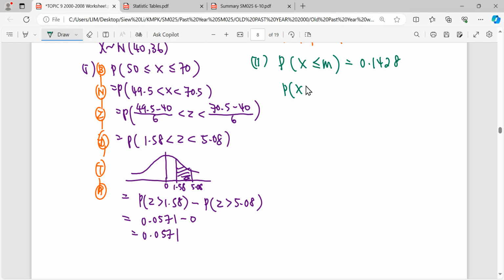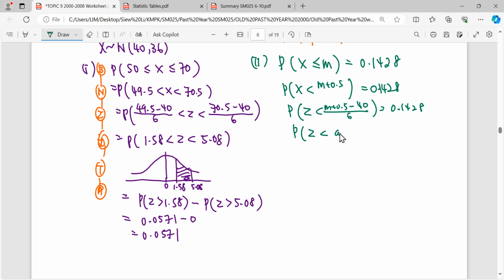This one, n is included, so it will be less than n plus 0.5, continuity correction. Then change to Z, n plus 0.5 minus mean over standard deviation.